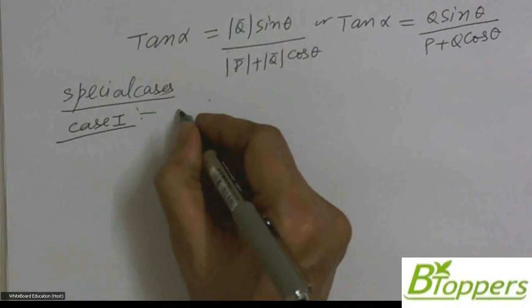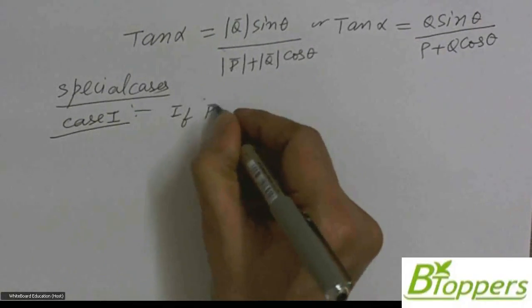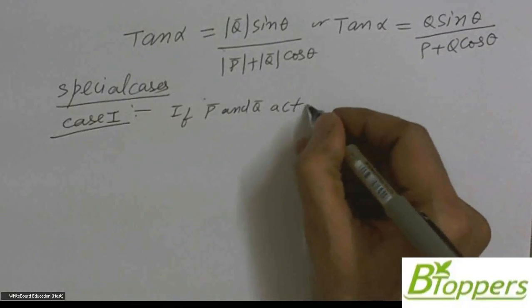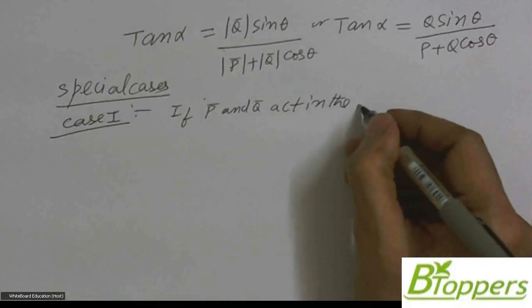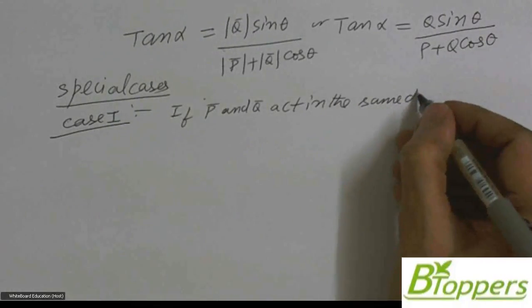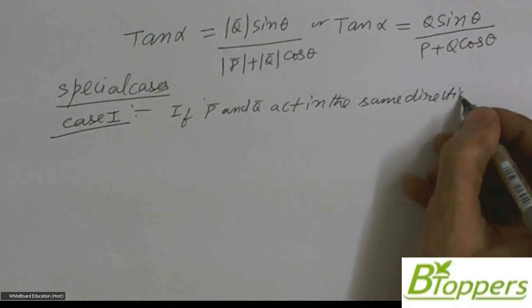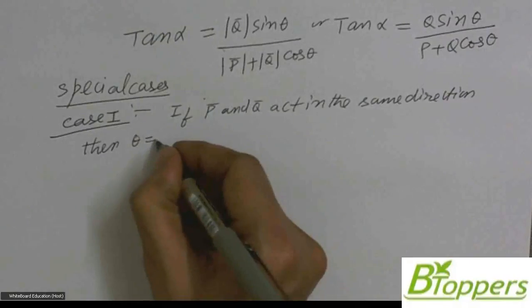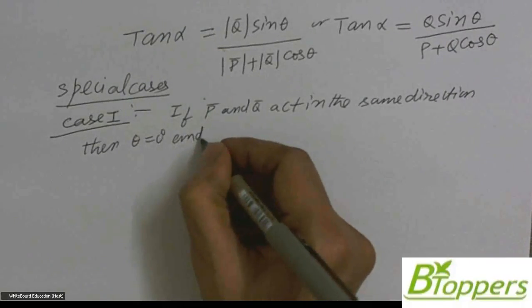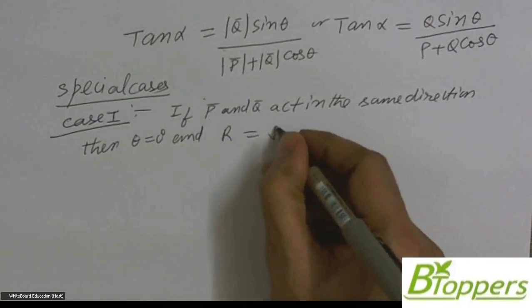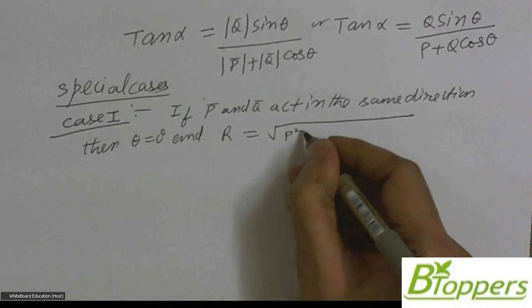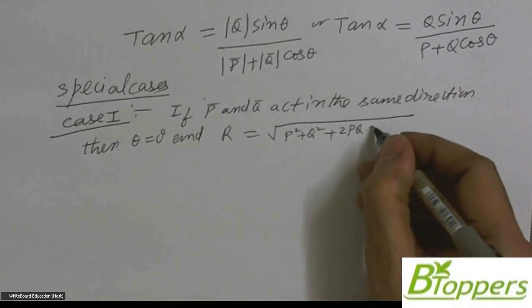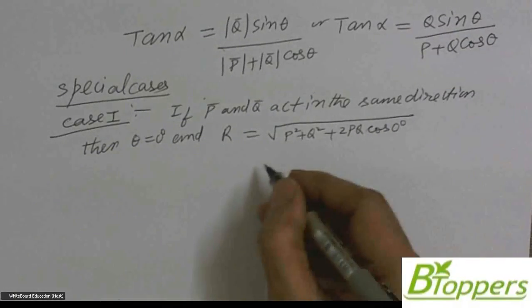So if P bar and Q bar act in the same direction, then theta equal to 0 degrees and R equal to root of P square plus Q square plus 2PQ cos theta.